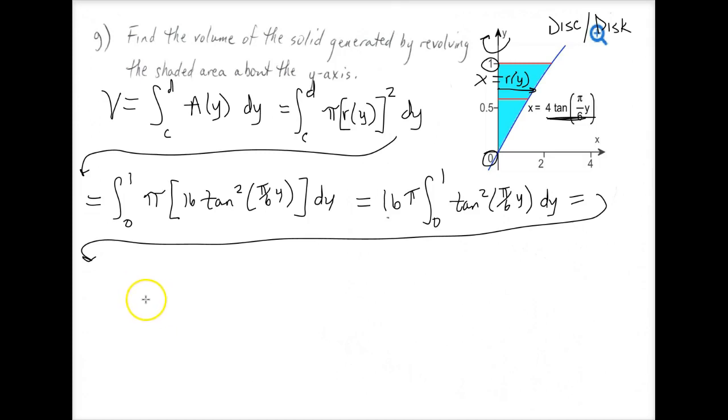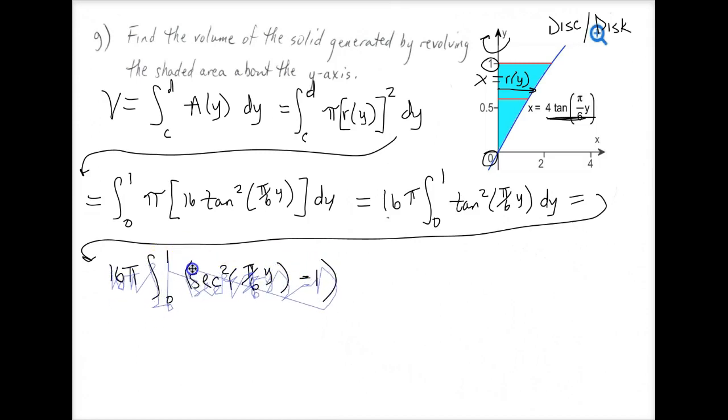So we're here and have 16 pi, integrate from 0 to 1, and we will have secant squared of pi over 6y minus 1, all of that dy.